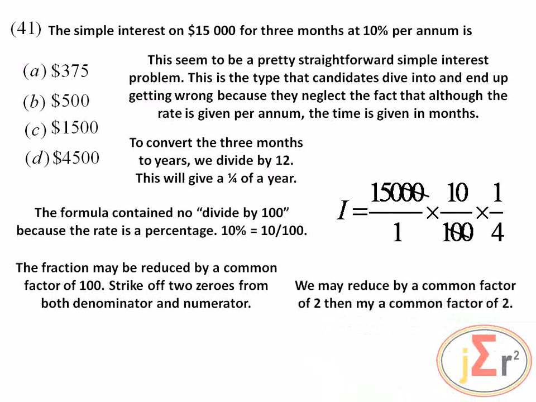As easy as that. We may reduce by a common factor of 2, then by a common factor of 2, in which we say 4 divided by 2 is 2, and 10 divided by 2 is 5. Then we divide by 2 again. We say 2 into 2 is 1. 2 into 150 is 75.